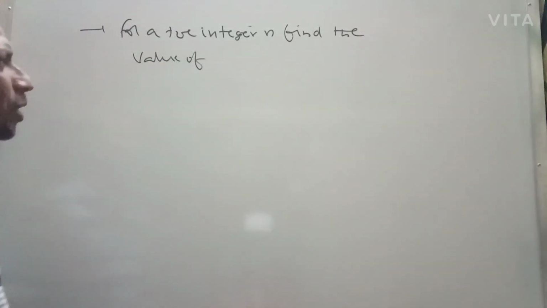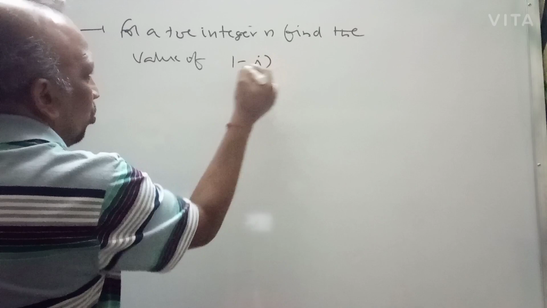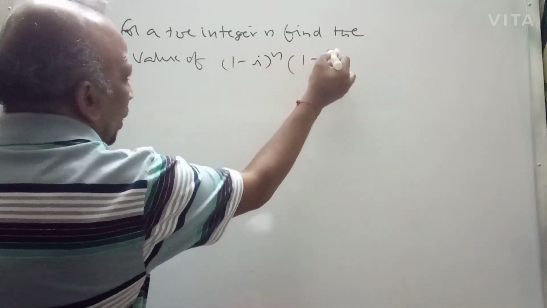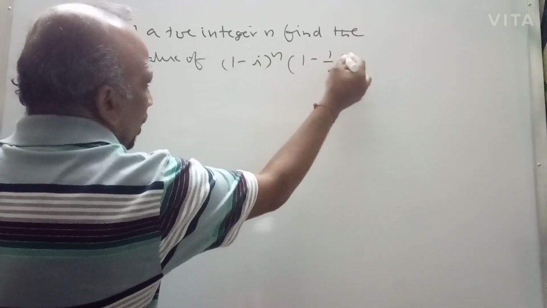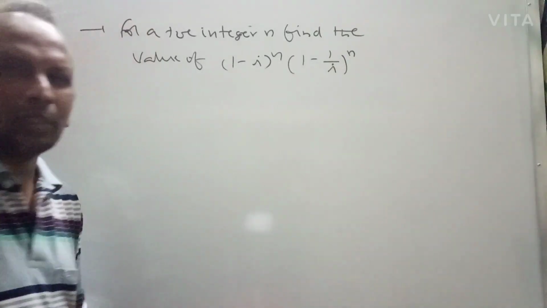For a positive integer n, find the value of (1 minus i) to the power n times (1 minus 1 by i) to the power n. They are asking to find this value.